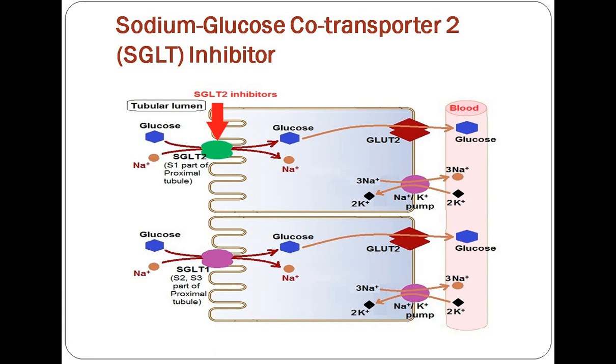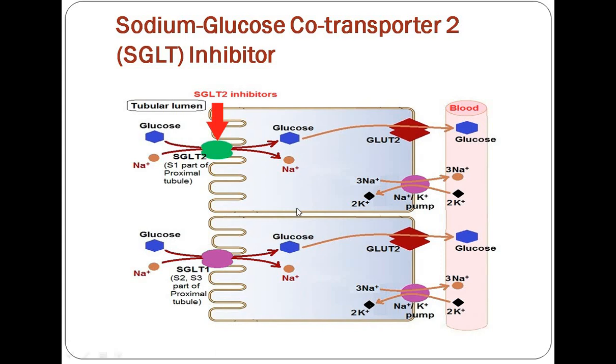Now who is responsible for this transportation? That means lumen to blood. Clear? Lumen to blood. So it is nothing but a reabsorption process. Clear? Reabsorption process.